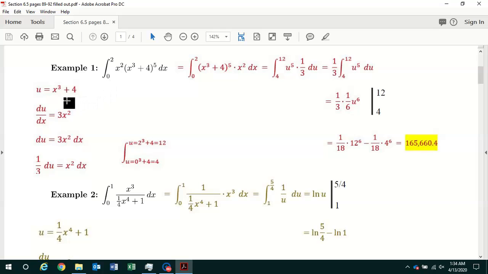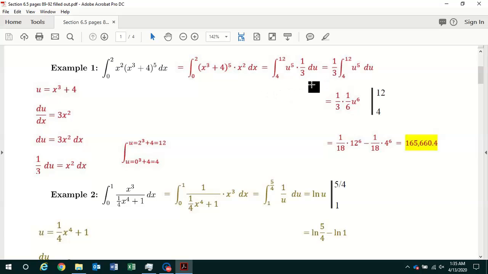When we put in 0 for x, we have U is equal to 0 cubed plus 4, which is equal to 4. And then we put in 2 for x, and we have u is equal to 2 cubed plus 4, which is equal to 12. So the limits of integration are 0 and 2 for the variable x, and the limits of integration are 4 and 12 for the variable u.